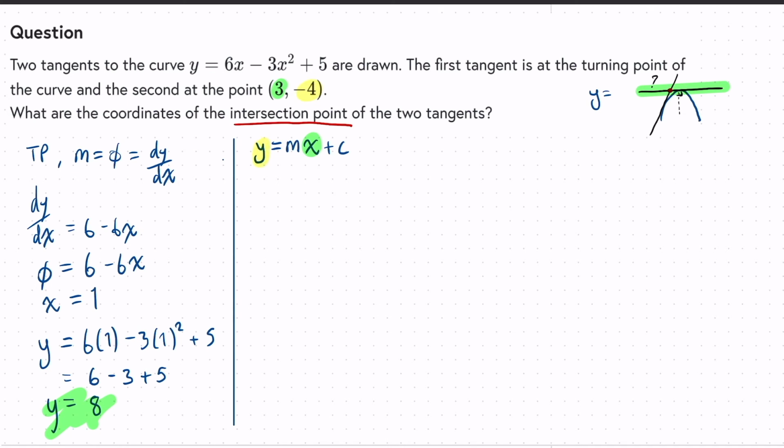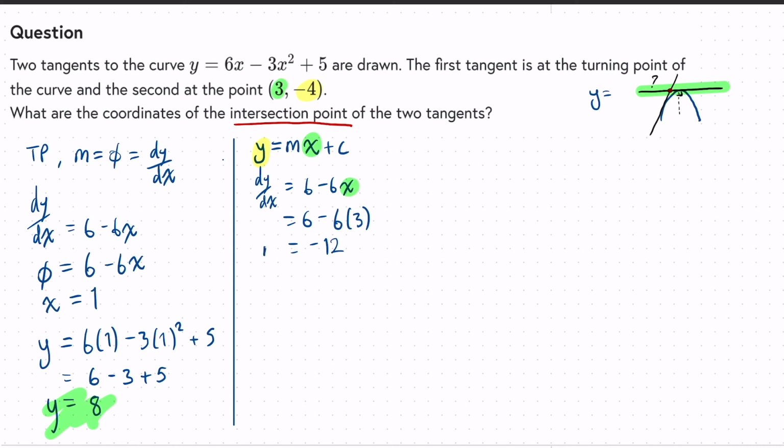But I can find m by finding the gradient, dy over dx. I've got that x, so I can use it again in here. So what's that equal to? It's 6 minus 3 lots of 6, which ends up being -12.